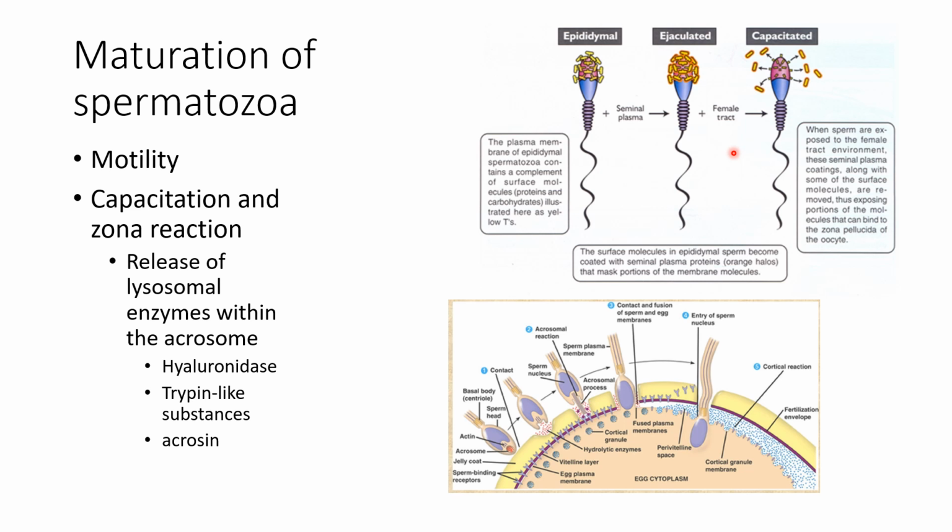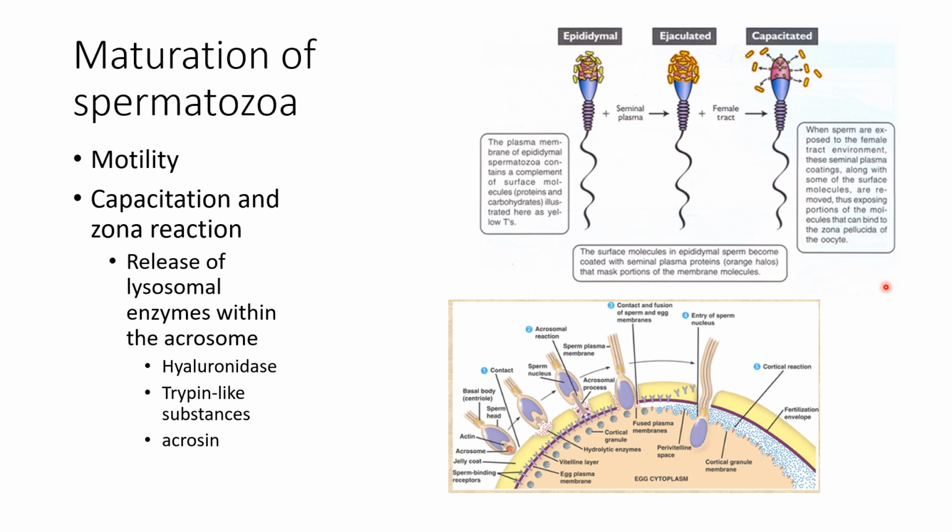That capacitation is the first ability the sperm possesses, that gives it the ability to fertilize an egg. So those substances that mask the acrosomal cap will be broken down and exposed. Once the acrosomal cap begins to be exposed, so that it has freedom to interact with the egg, capacitation is now happening.